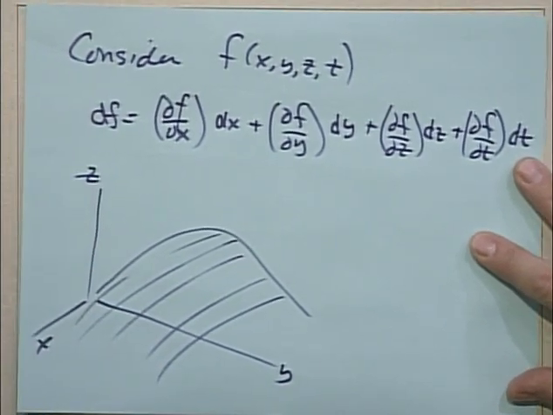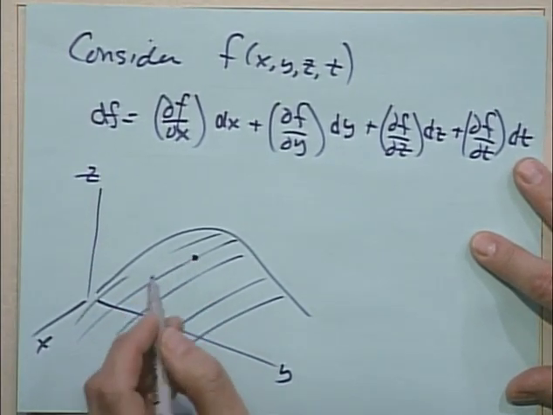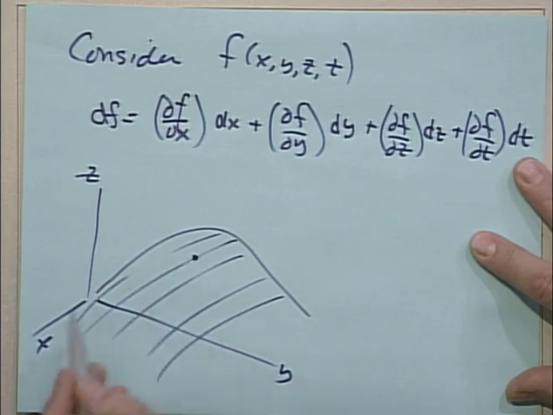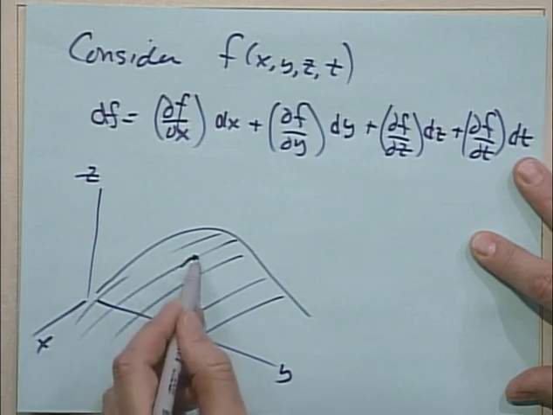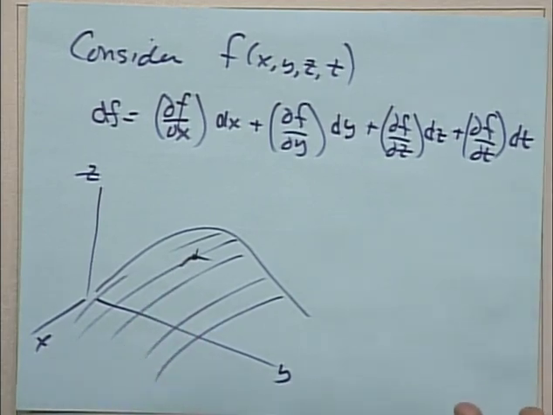If I have some sort of a three-dimensional function, at some point, if I would go off in the x direction or go off in the y direction or go off in the z direction, there would be a slight change in my three-dimensional function f.